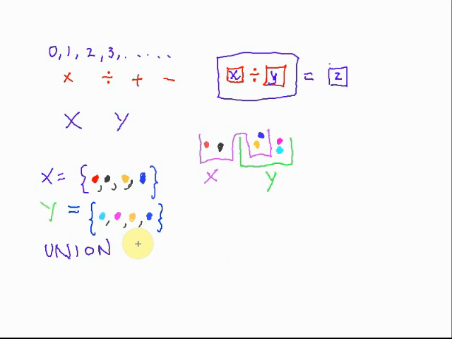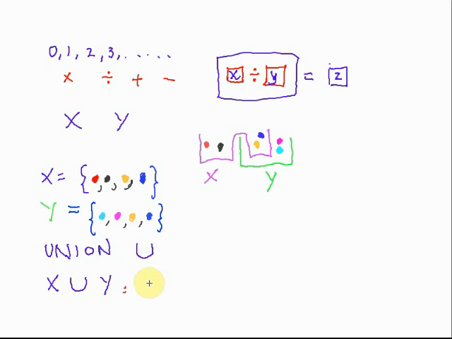And we write it with a big kind of a U sign, like that. And the union of sets X and Y, so we write X union Y, is itself a set, and it is specifically the set of all of those things which are either in X or in Y or both.